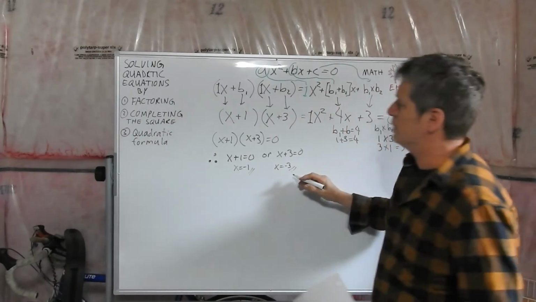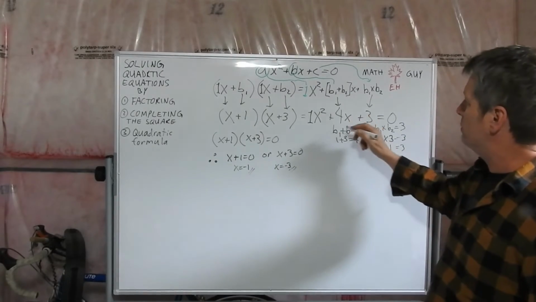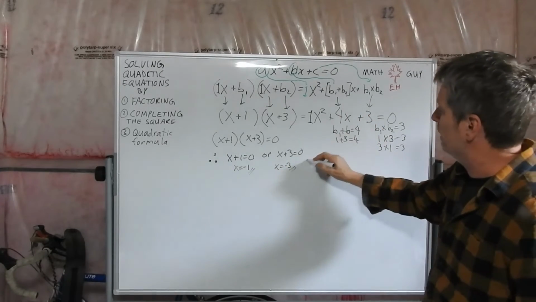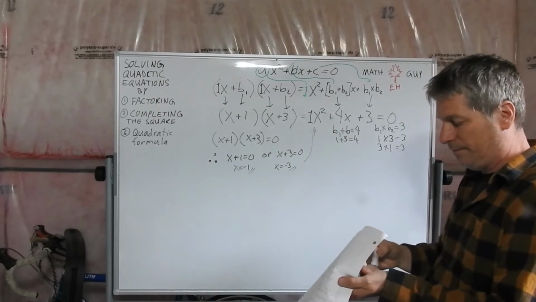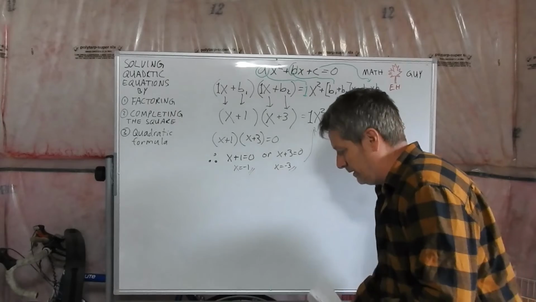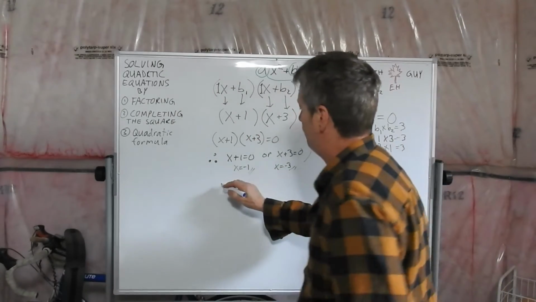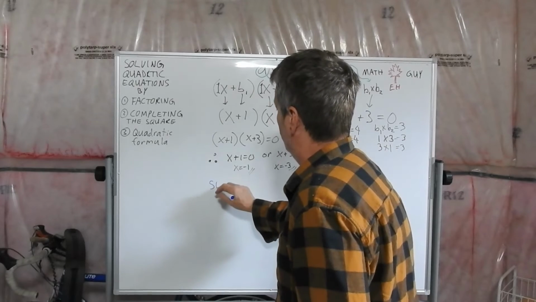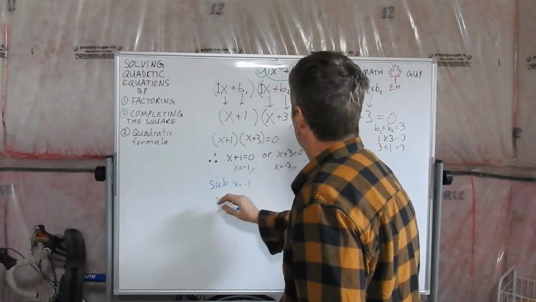Now that's your solution. Now I know, especially if you've just started this, let's go ahead and check this by putting these numbers into our equation. So let's substitute x equals negative 1.